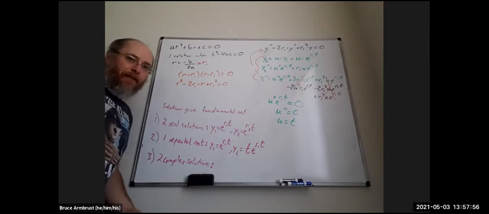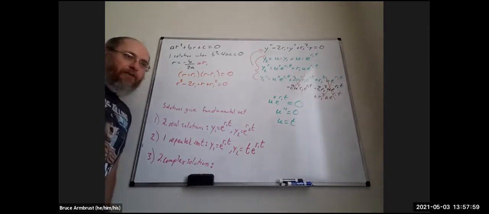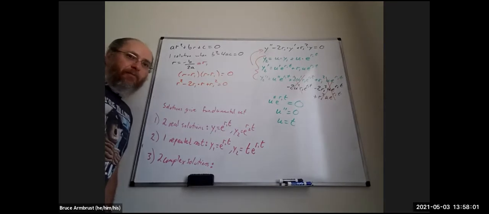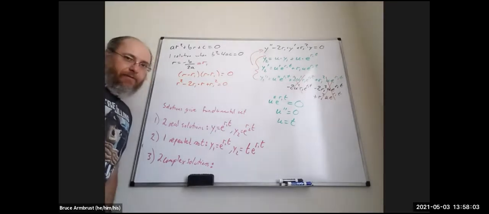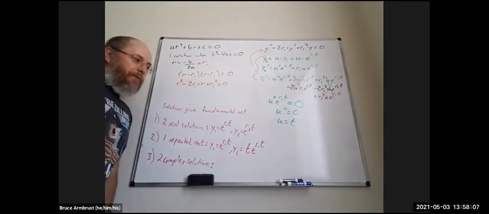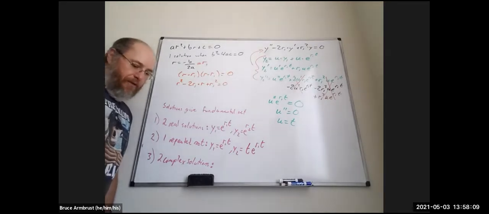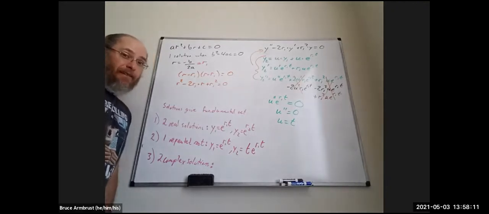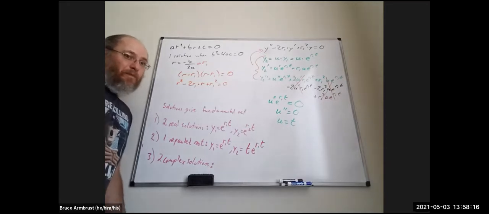Because these would be the kind where, when you solve for your roots, you get 1 plus or minus i, something like that. And now we have a bit of an issue. We're getting complex things in there, and we're dealing with real valued functions. How do we deal with that? What do we do?